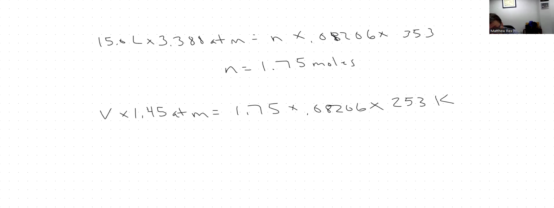You could also do P1V1 over T1 equals P2V2 over T2. And there we go. Our volume is 25.1 liters.